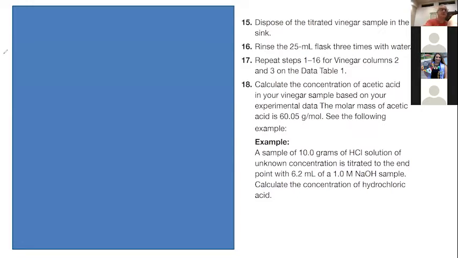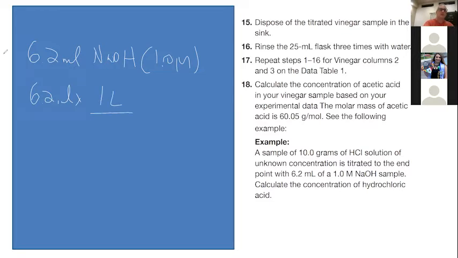So I've got 6.2 mils of sodium hydroxide, and it's 1.0 molar. So that's 6.2 mils times 1 liter over 1,000 mils times 1 mole over 1 liter.